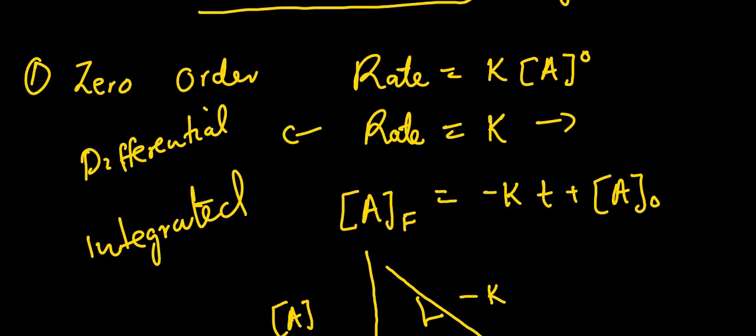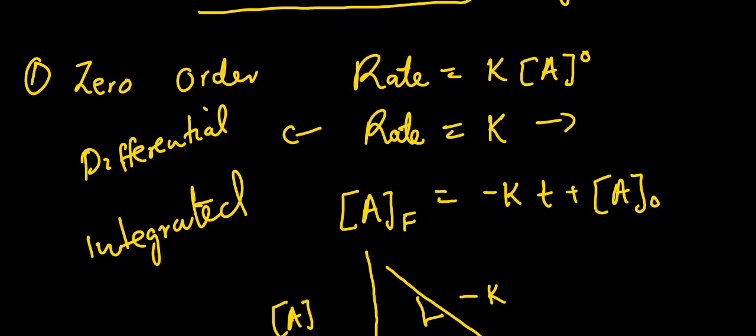A zero order reaction is a reaction where the rate of the reaction is equal to the rate constant, simply meaning that the rate at which the reaction is happening is independent of the changes we make to the concentration. We have two equations. This equation is just for formality, for us to explain what a zero order means. When there's a zero there, any changes you make here will affect the rate by a zero factor.